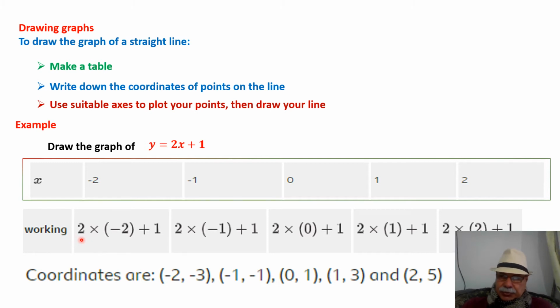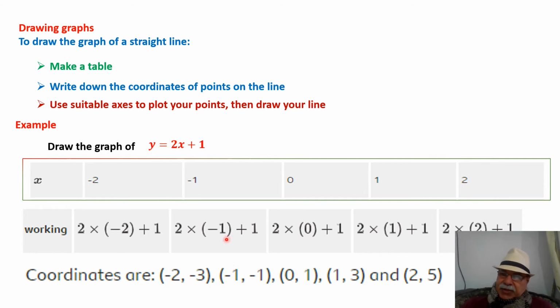Again, 2 times minus 2 is minus 4. Minus 4 plus 1 is minus 3. Minus 3. 2 times 2 is 4. Minus 4 plus 1 is minus 3.